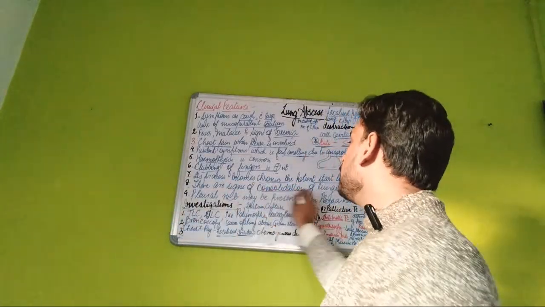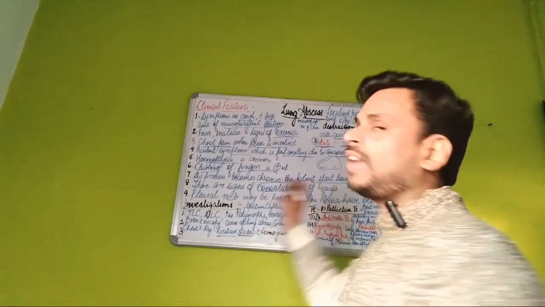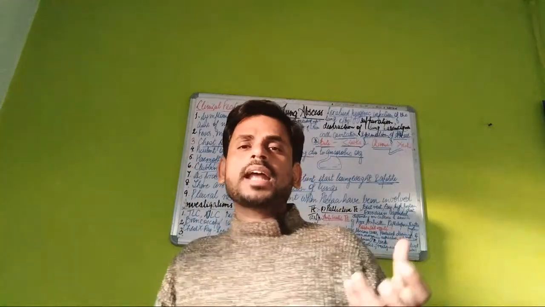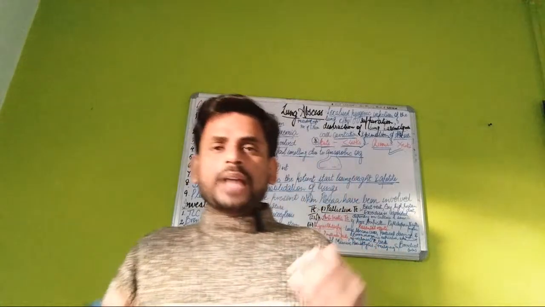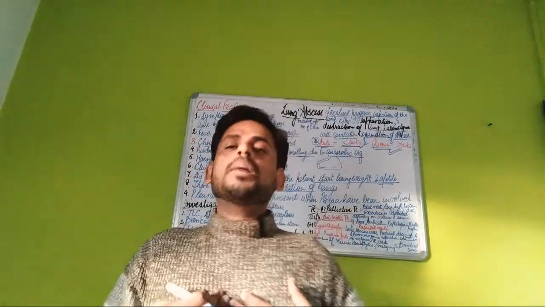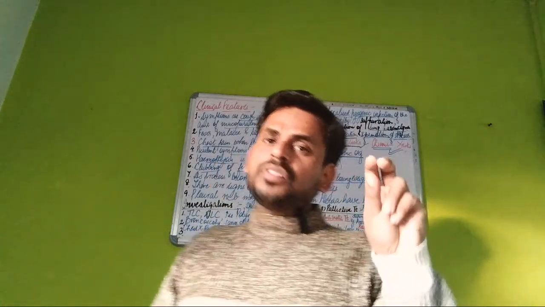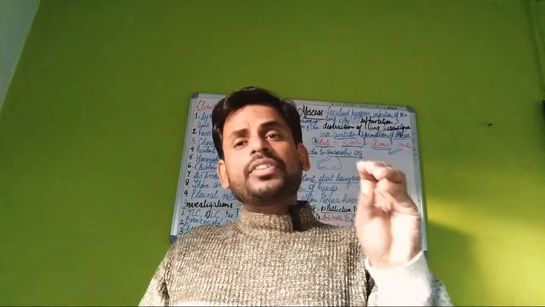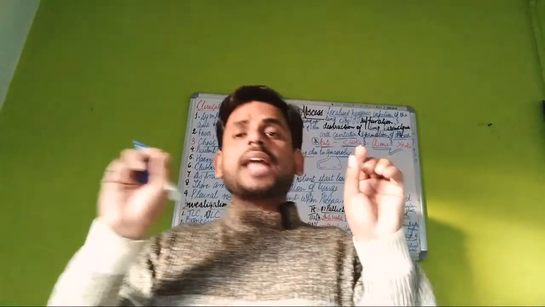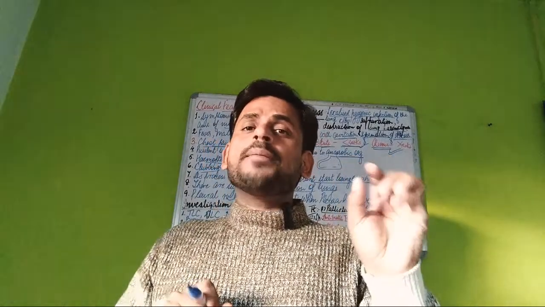Now moving on to the signs of consolidation of lungs. What do you understand by the term consolidation of lungs? In the lungs, the terminal bronchioles end into tiny sac-like structures called alveoli, which are air-filled. Whenever these air-filled spaces are filled with other materials, such as blood, water, or any kind of purulent discharge, pus, that is the change.